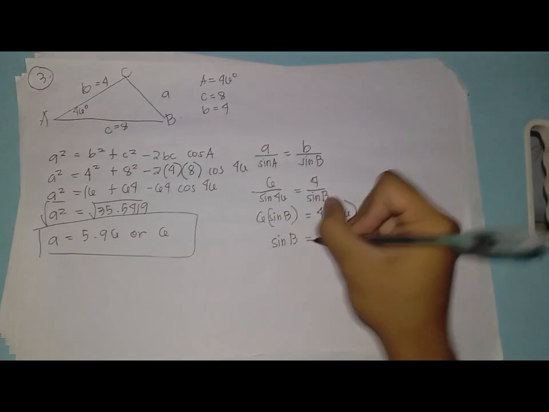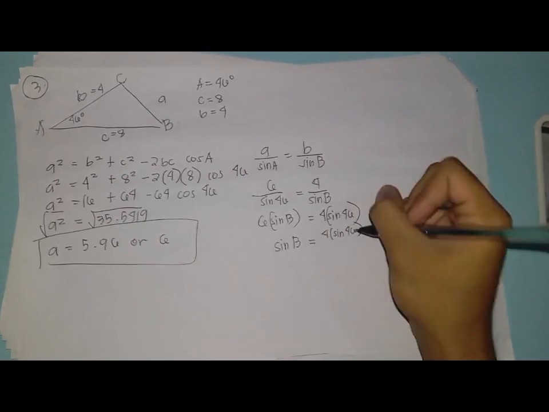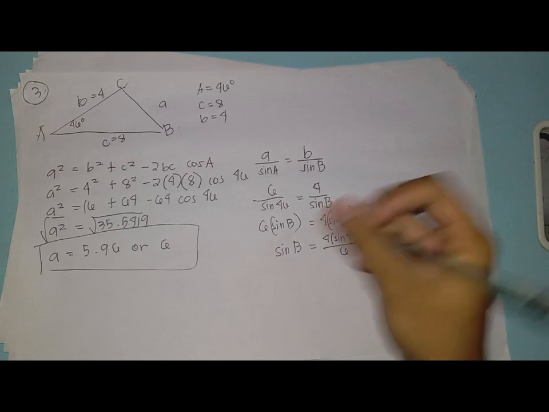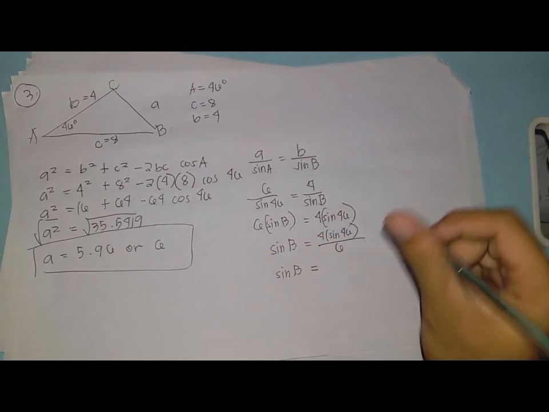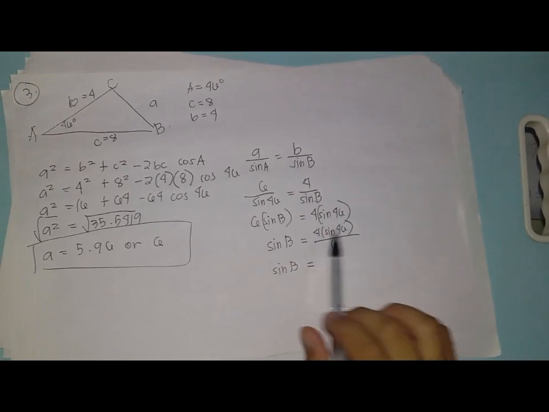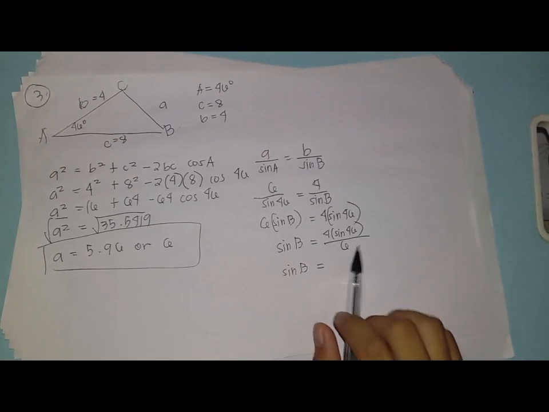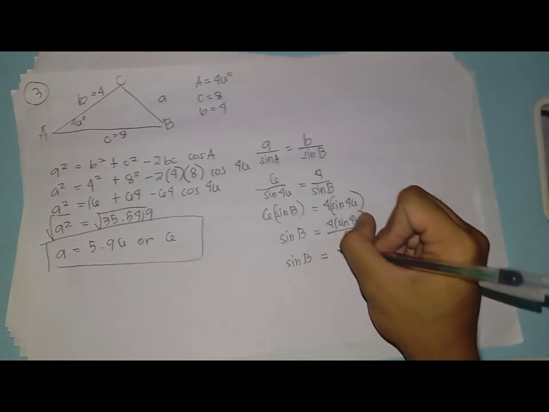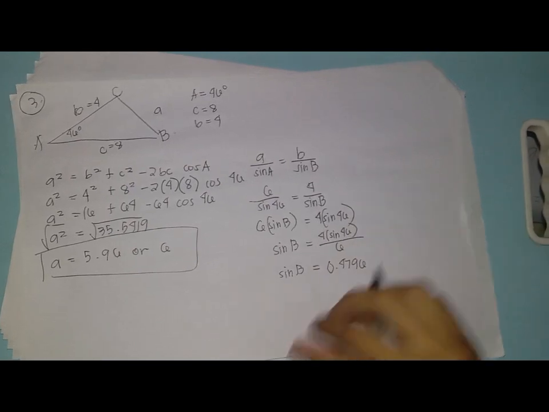Sine B is equal to 4 sine 46 divided by 6. So simplify this, 4 times sine 46 divided by 6, we have 0.4796.